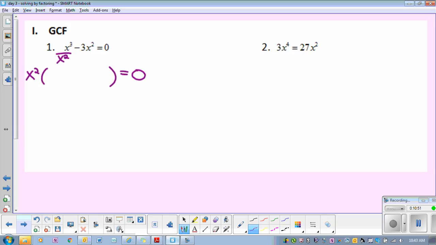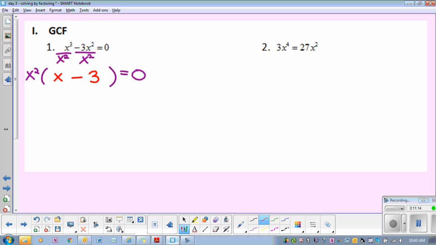So if I divide everything by x squared, what do I get? You want to help me out? Good. Minus 3. Good.